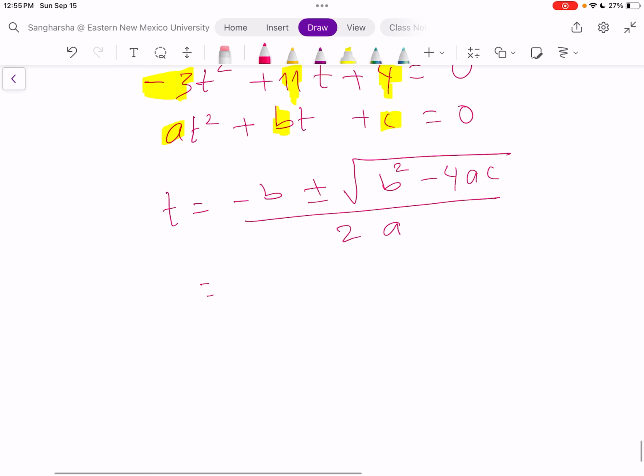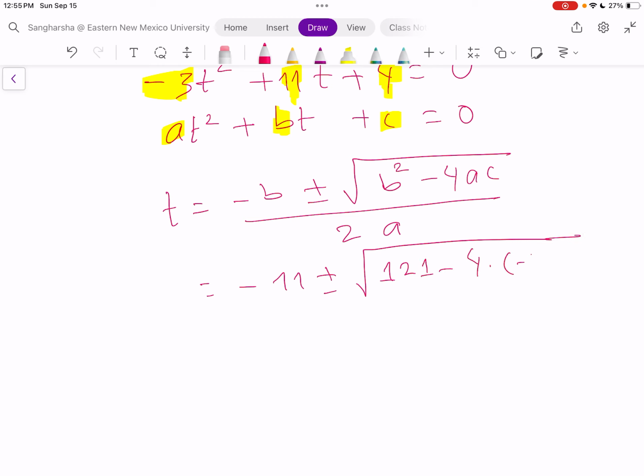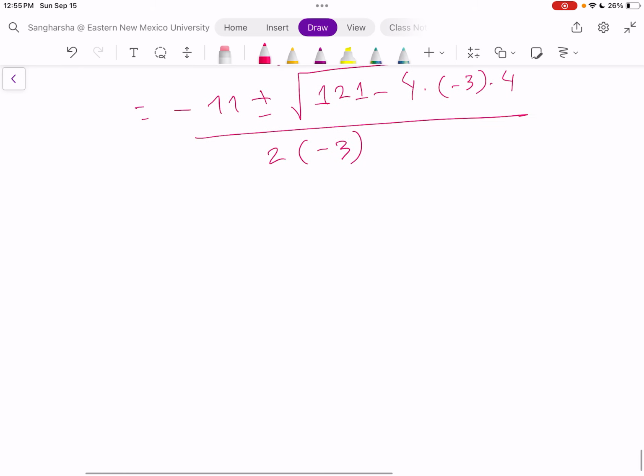Now our b is positive 11, so we have negative 11 plus or minus the square root of b squared. b is 11, its square is 121, minus 4 times a, which is negative 3, times c, which is 4, divided by 2 times negative 3. Our a is negative 3.